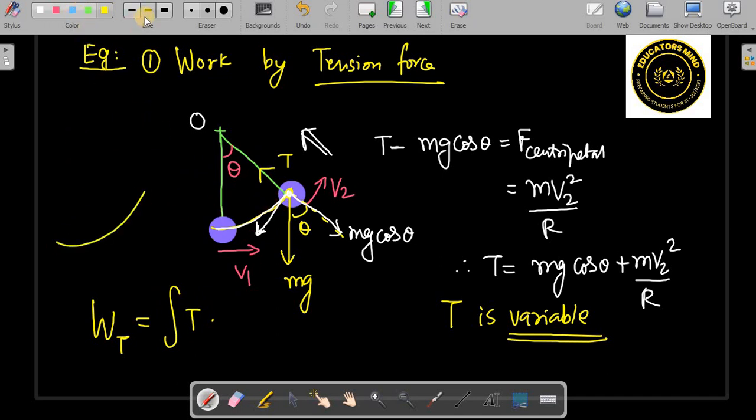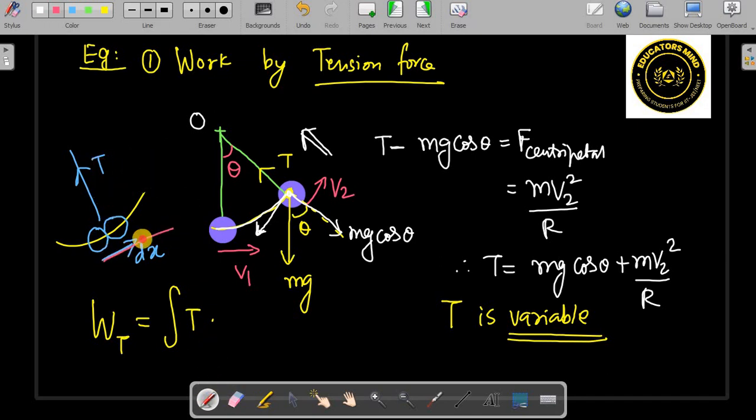Anytime the ball is going like this, we understand that the displacement is in the tangential direction. So for displacement dx, the force is of course along the radius, right? So the angle between force and displacement here is going to be 90 degrees. This is not the theta which over a large period of time it is. Here theta we are taking instantaneous.